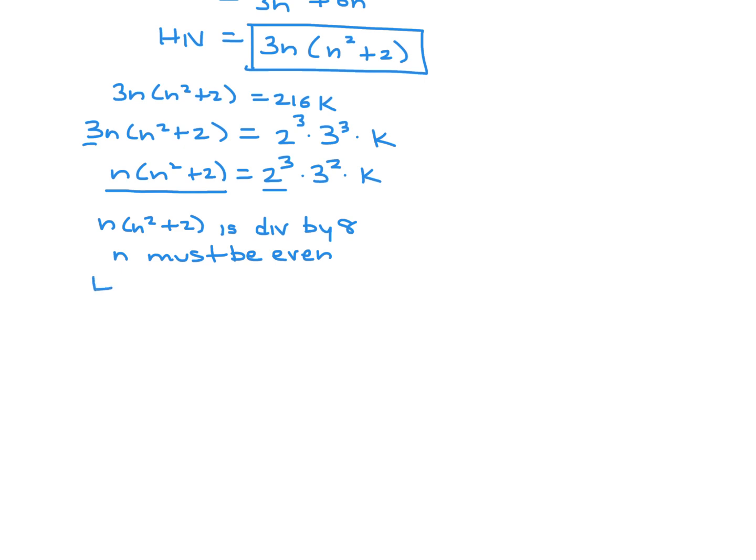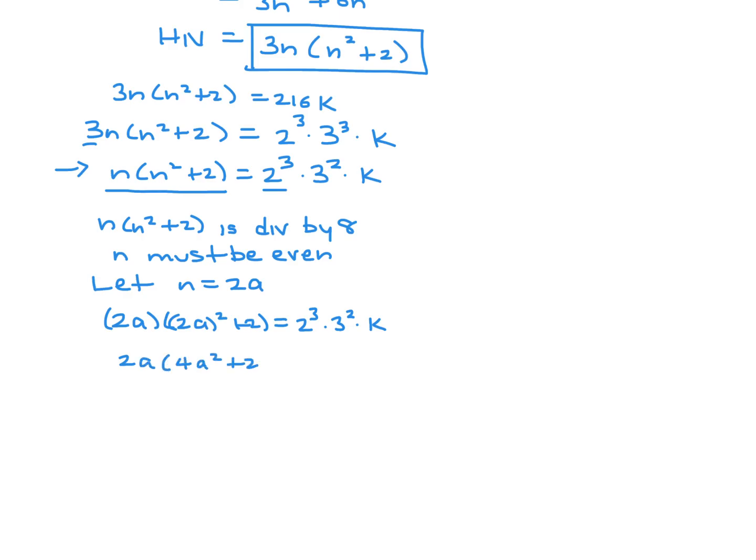And if that's the case, let n equal something guaranteed to be even, 2a. Anything of the form 2a is even. Let's plug that back into this formula. We get 2a times (2a) squared plus 2 equal to 2 to the power 3, 3 to the power 2 times k. So that's 2a times 4a squared plus 2 equals the same thing. Can I factor out a 2?